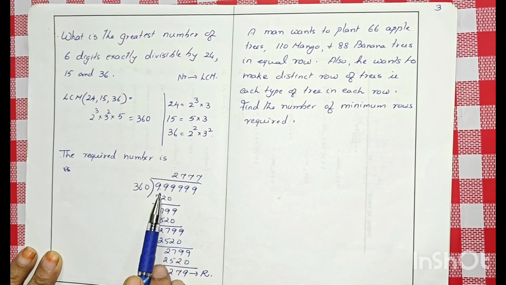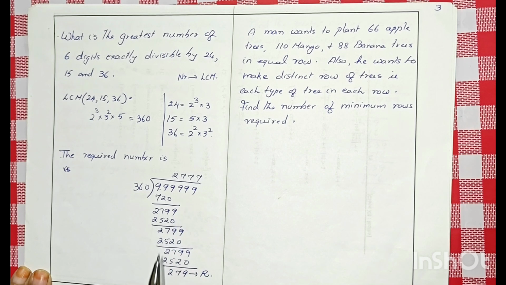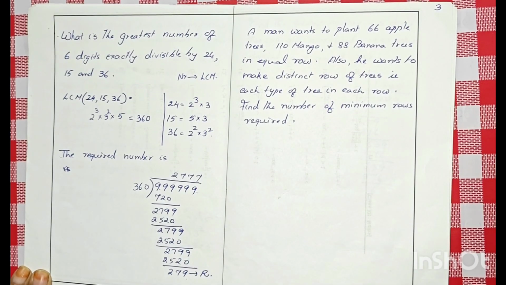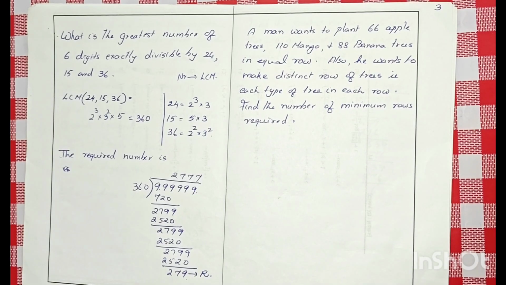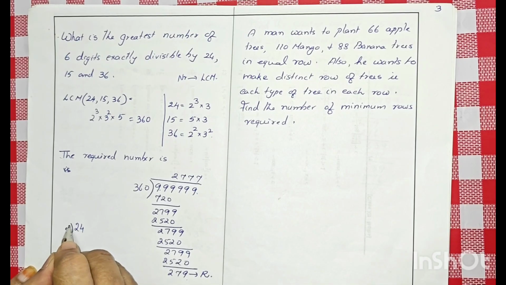Write down the greatest 6-digit number and divide it by 360. So you will get 279 as the remainder. If you subtract 279 from this, that number will be divisible by 360. For example, suppose you are dividing 24 by 5.